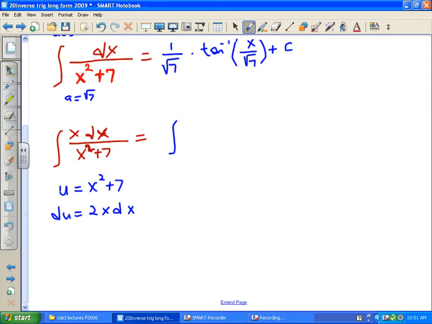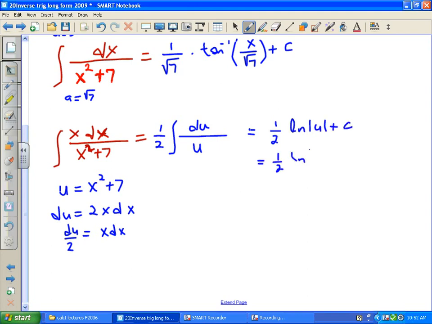Right, from here you can see that x dx is the same as du over 2. And I put the du inside, over 2 outside, divided by the bottom, x squared plus 7, which is now going to be called what? u. So we've seen this integral last time. This is natural log of u. In other words, natural log of x squared plus 7.